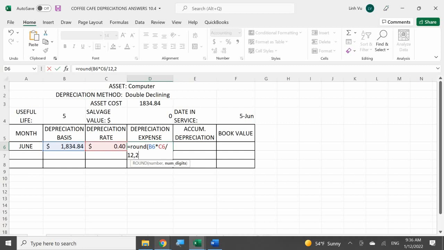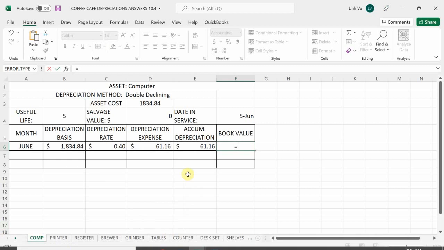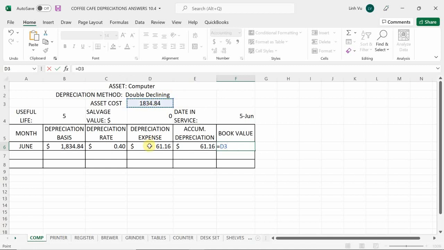61.16. Okay, 61.16. So let's go ahead and plug that into our journal real quick.